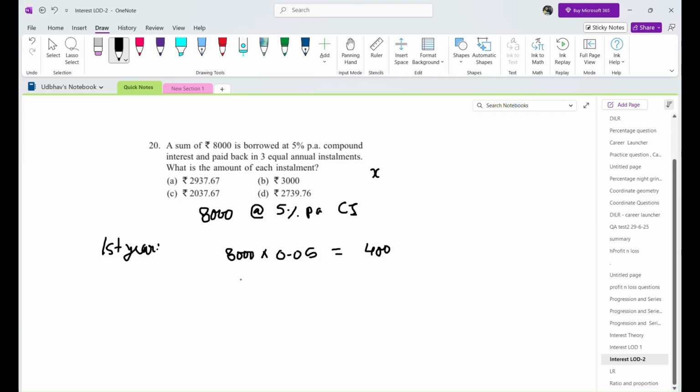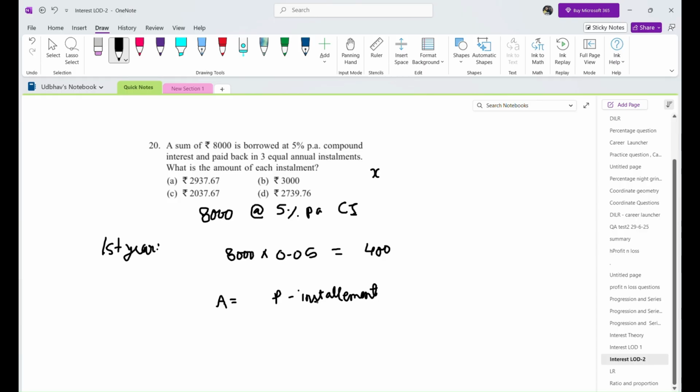So what will be the total amount at the end of the first year that we have to pay? The total amount is the total principal minus the installment, because with the installment we are slowly giving the money back.